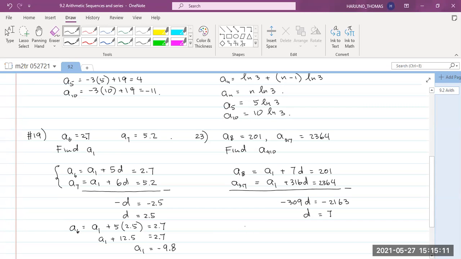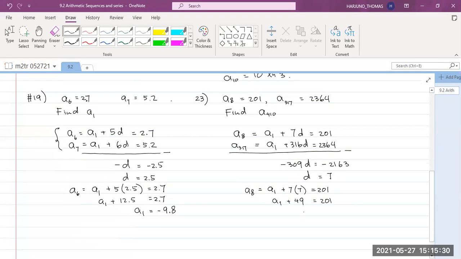Okay, let me do the standard way. Let me put it in the 8th term. So the first term plus 49 equals 201. So the first term is 152.